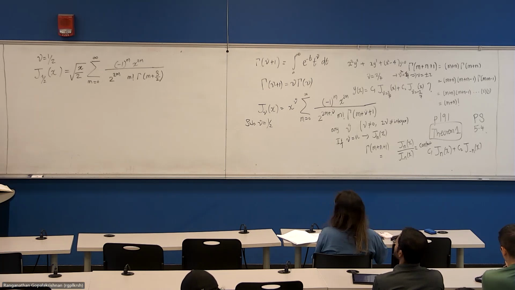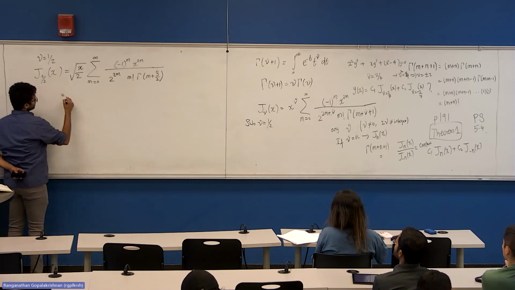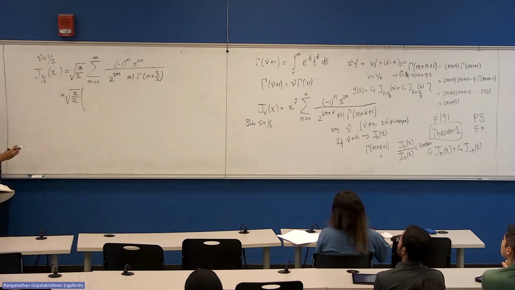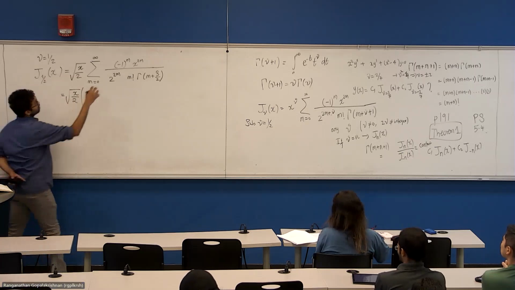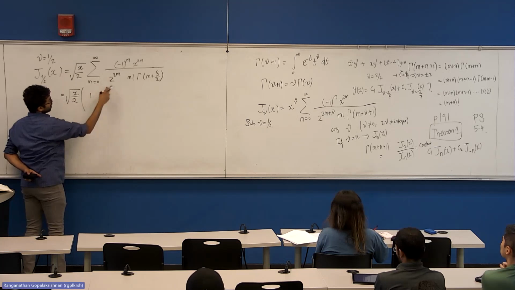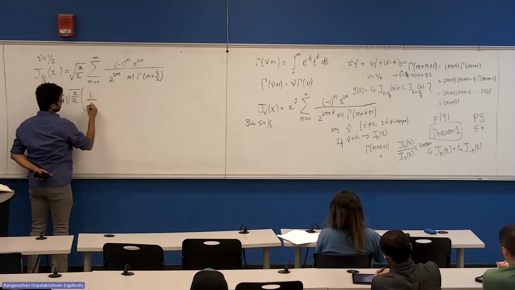So if I expand this square root of x over 2, what is the first term? X power 0, which is 1. 2 power 0 again 1, 0 factorial. 1 divided by gamma of 3 by 2.